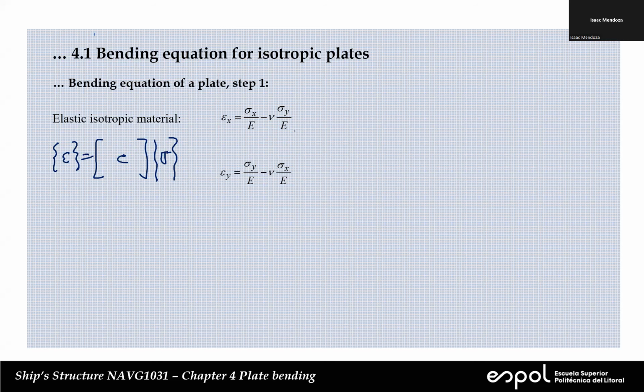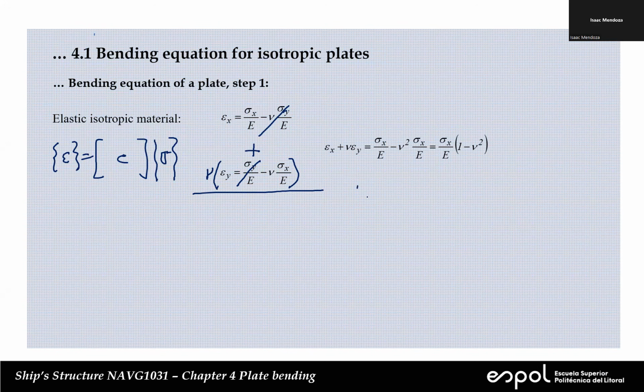If I need to express sigma as a function of epsilon, I see that I have sigma y, epsilon, and nu, so I multiply by nu and add them. This term will cancel that one, and I'm going to have sigma x as a function of epsilon x and epsilon y. That's what you have in your class notes.